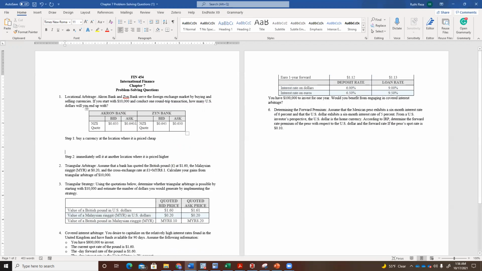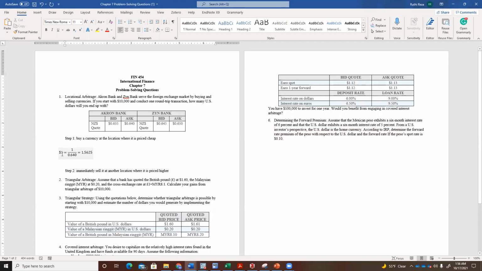Now we are going to buy New Zealand dollar from Akron Bank, and then we are going to invest in total $10,000. Now we need to find out how many New Zealand dollar we are going to get per dollar. So here you can see $1 is equivalent to 1.5625 New Zealand dollar.